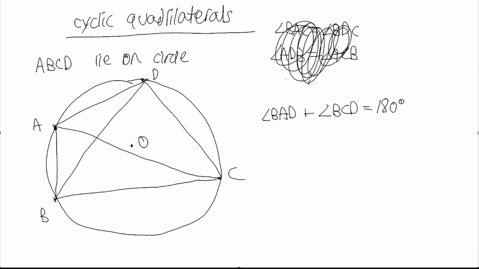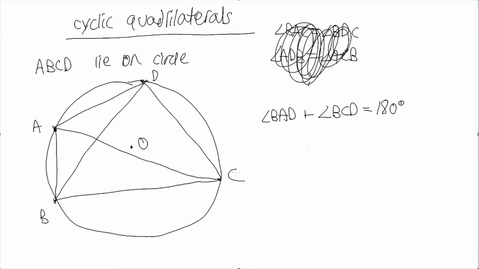So how do we prove that angle BAD plus angle BCD is equal to 180 degrees? Well, we know that A and C lie on different sides of BD, so one of them lies on the major arc and the other lies on the minor arc. Let's suppose that C is the one that lies on the major arc, so that we know that angle BCD is equal to 1/2 angle BOD by the inscribed angle theorem.